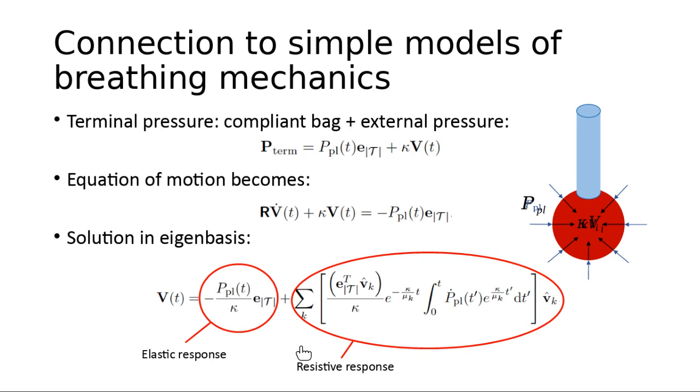So this means that the alveolar region expands with some elastic coefficient kappa proportional to the pressure being applied to it, and we assume that the whole lung is experiencing the same pressure applied to it for this simple model.